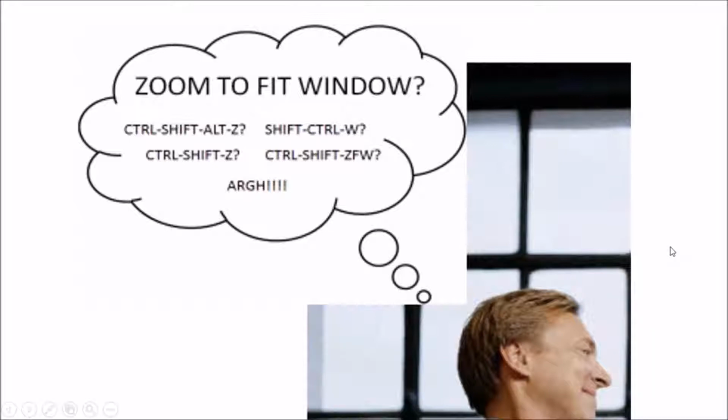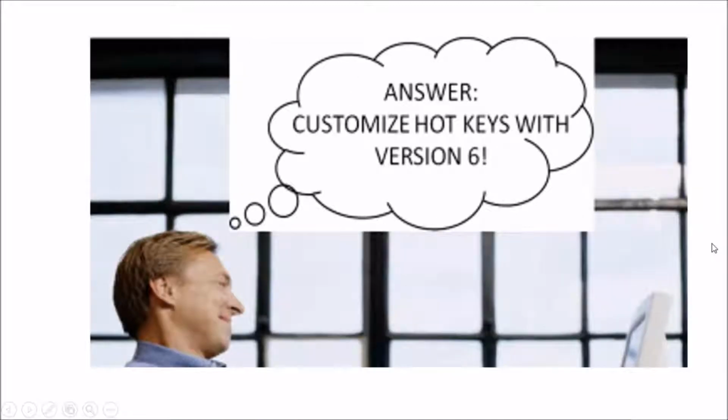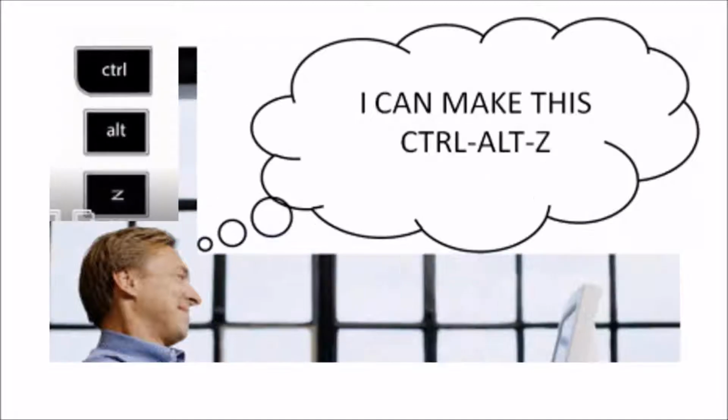So you can go by the defaults, or you can just go ahead and do an Alt F and customize that particular feature if that's one you use a lot when you're doing your presentations. So the answer is hotkey customization, and you can make this Control Alt Z.